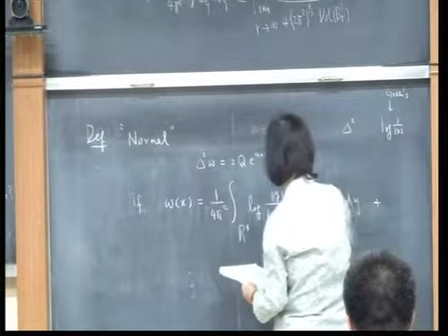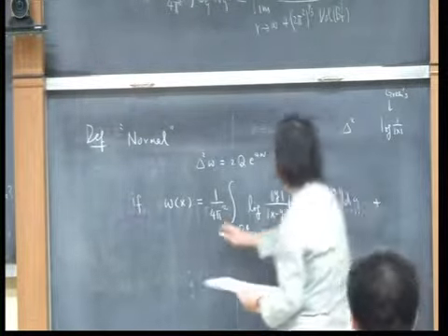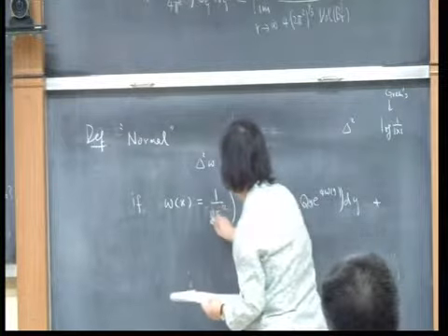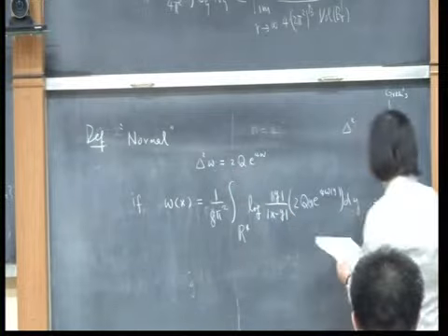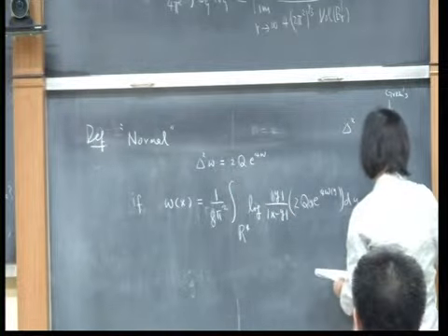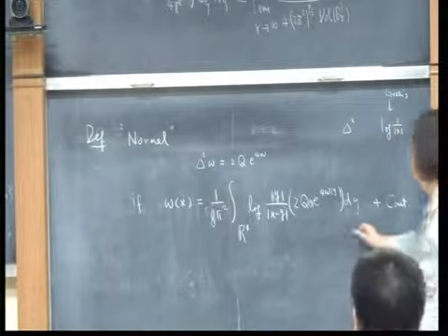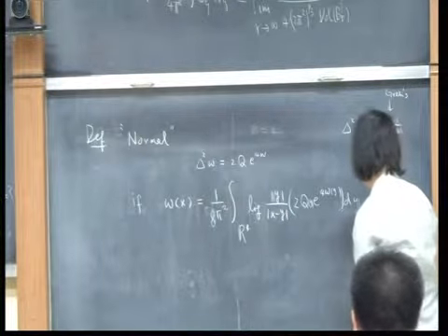Maybe I add 2Q here. Then it should be 1/(8 pi squared). So sometimes this 2Q is this 2Q. And then plus the constant. Okay, this is for all x in R4.